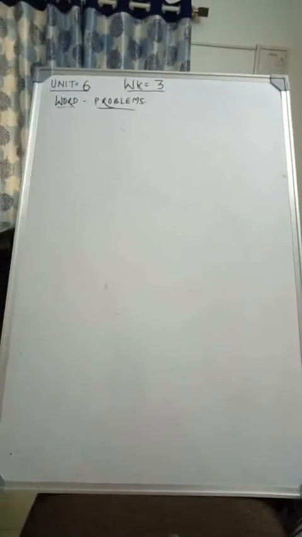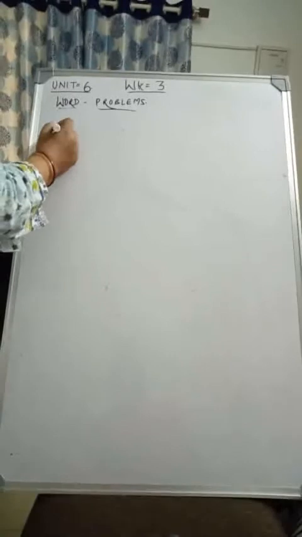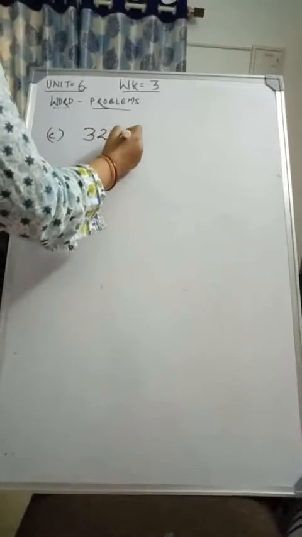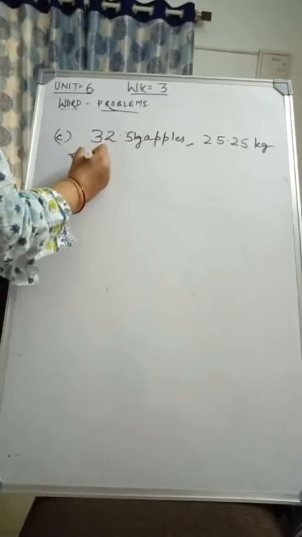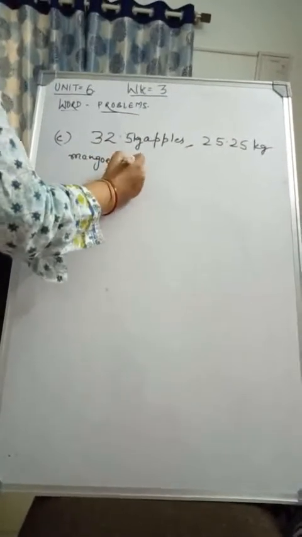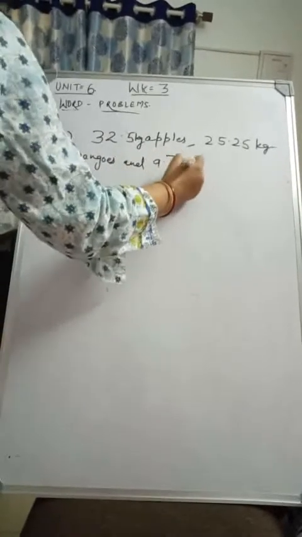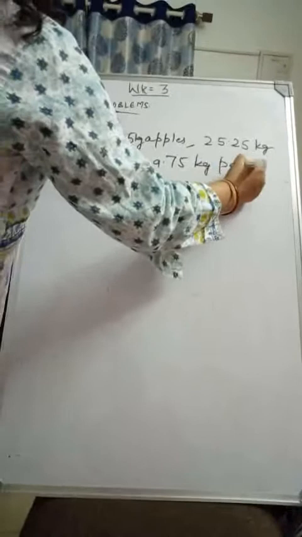Now come to the next question, question number C. A shopkeeper had 32.5 kilogram of apples, 25.25 kilogram of mangoes, and 9.75 kilogram of pears.